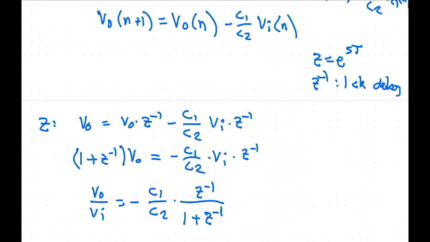Should that be minus? Yes, it should. Thank you very much. All these tests I give you, eh? Yes. Otherwise it's not inside the unit circle. Well, it's on the unit circle, I say, but yeah. Okay, so this is an integrator with a 1 clock period delay.